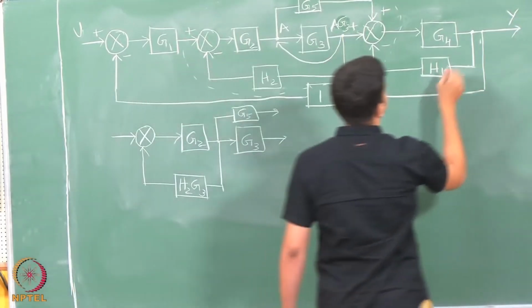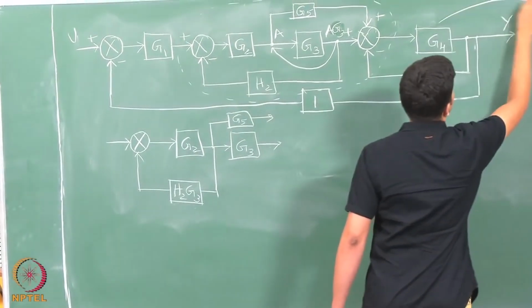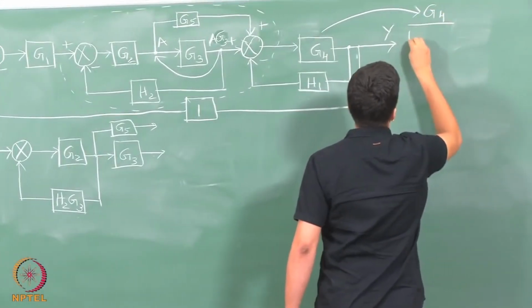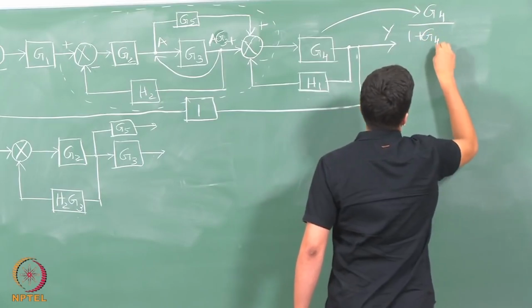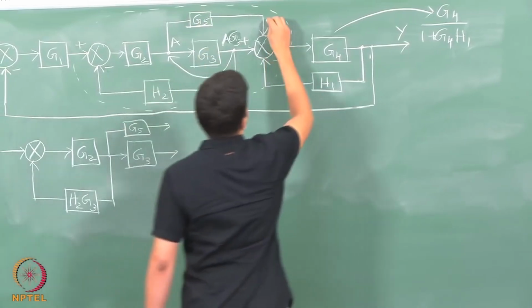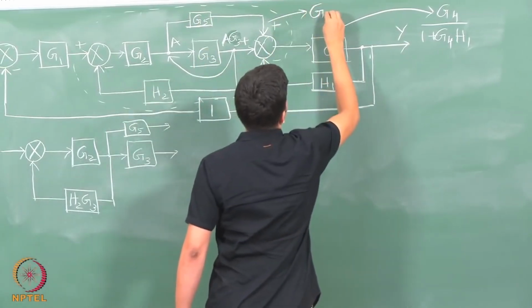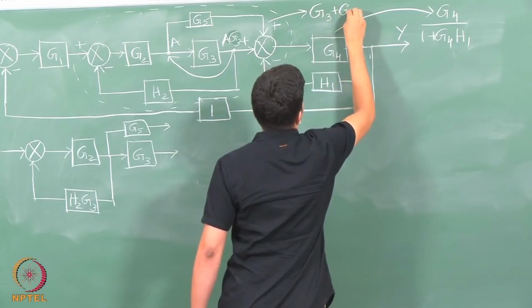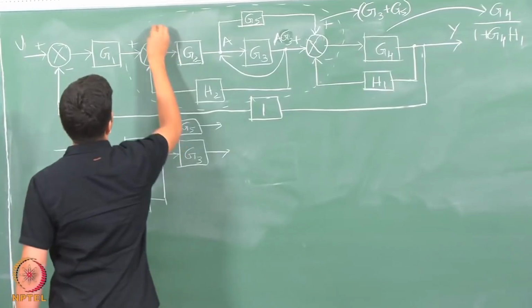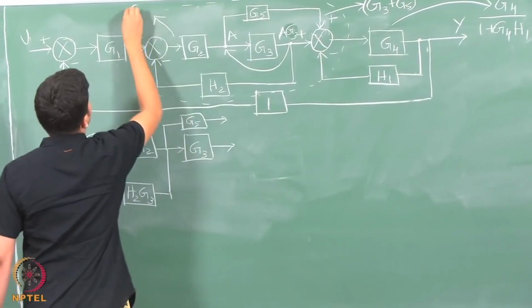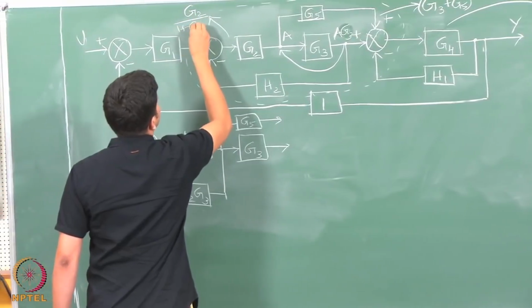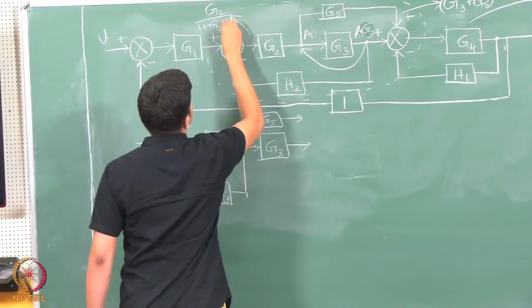So this will be G4 by 1 plus G4 H1, and this will be just the summation G3 plus G5, and this will be G2 by 1 plus G2 H2.